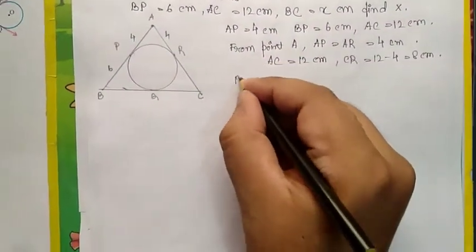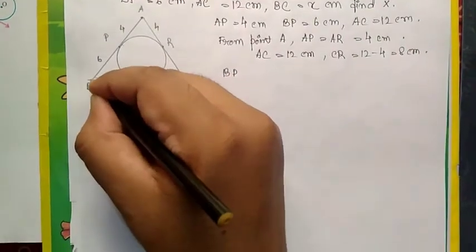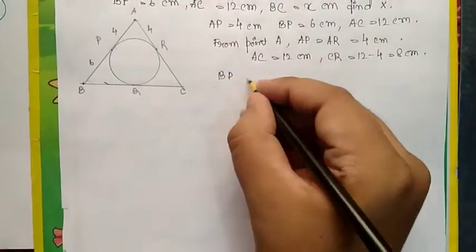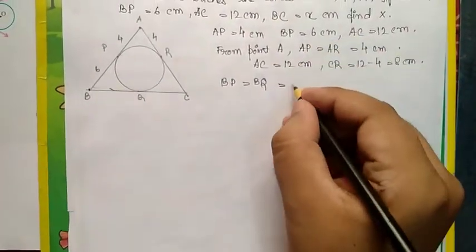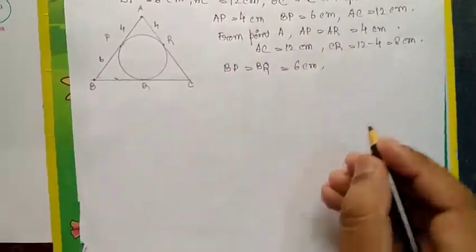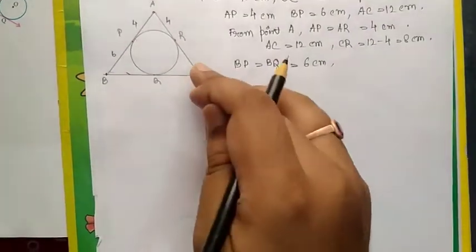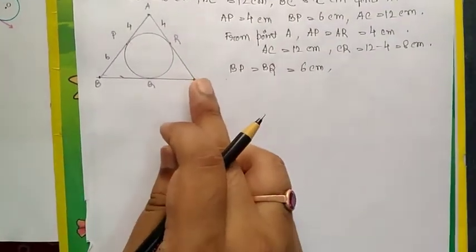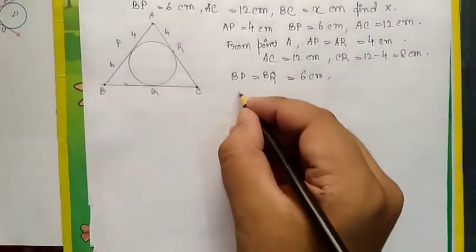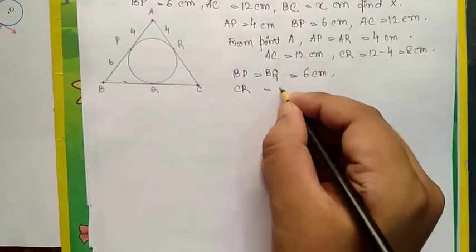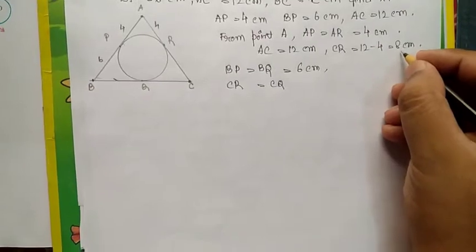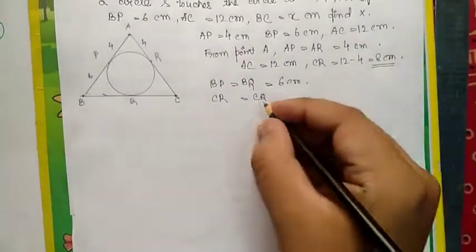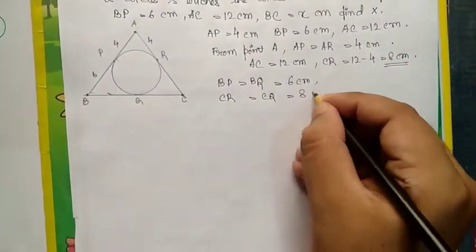So from the point B, BP equals BQ equals 6 centimeters, and from the point C, CR equals CQ. Previously we found that CR equals 8 centimeters. So CR equals CQ equals 8 centimeters.